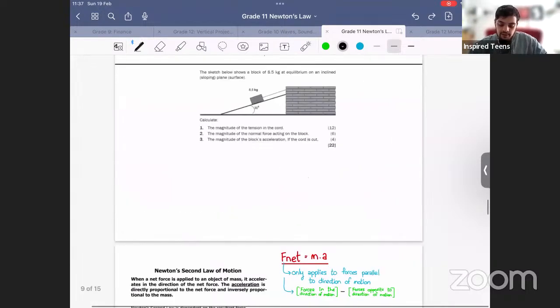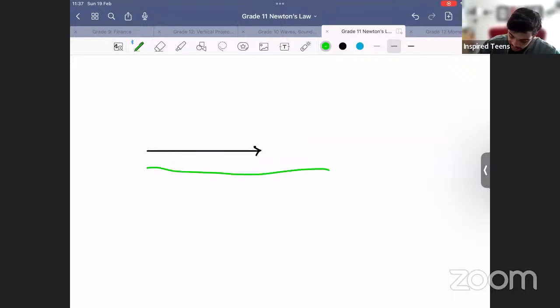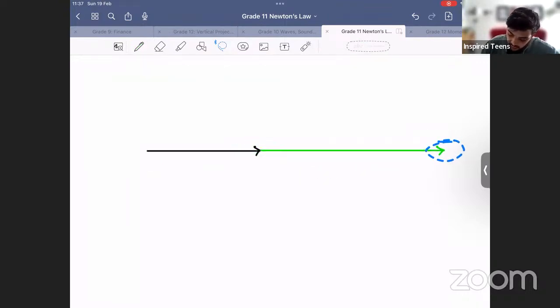Let's do a simple vector example, right? If I have a vector that's going to the right, and I have another vector that's also going to the right, if I want to consider the net force, because they're in the same direction, I will add them together. And when I add them, in this case, I can say F net is equal to 1 plus 2.